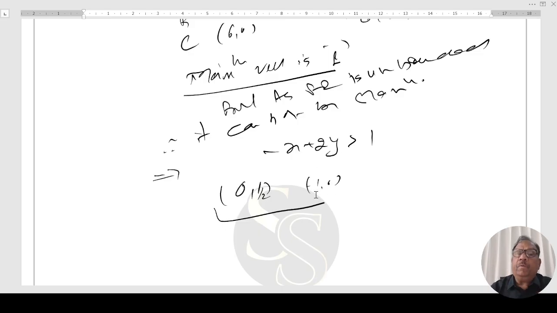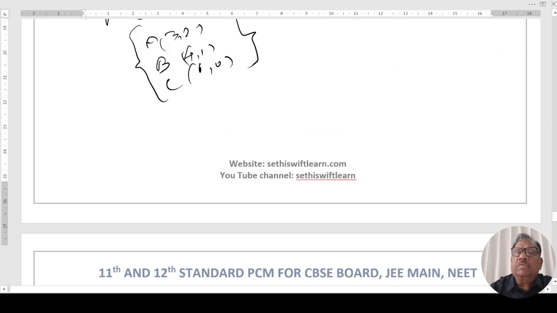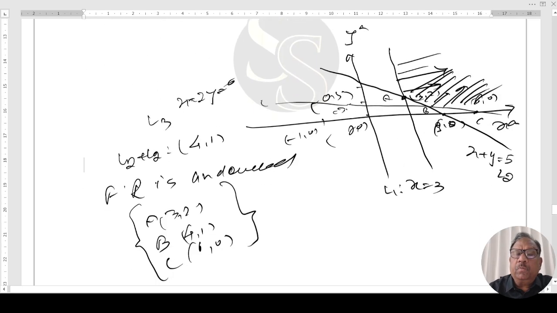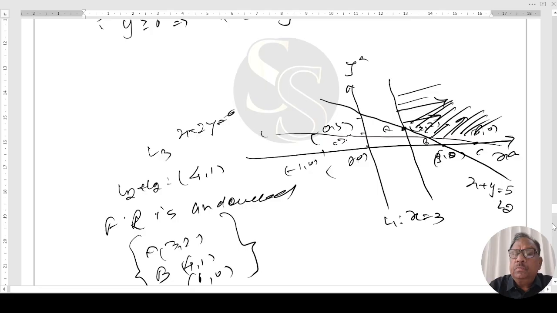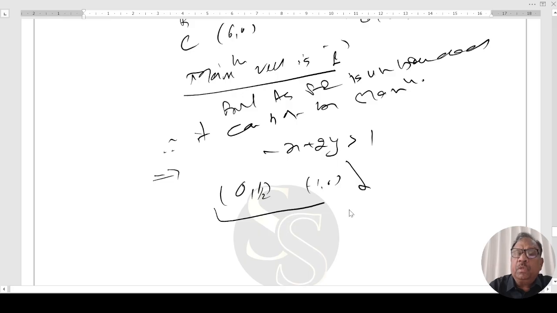We plot this line. Points (-1, 0) and (0, 1 by 2). We plot this line, we get this line. Put the non-origin side and (0, 0): 0 plus 0 greater than 1 is false.